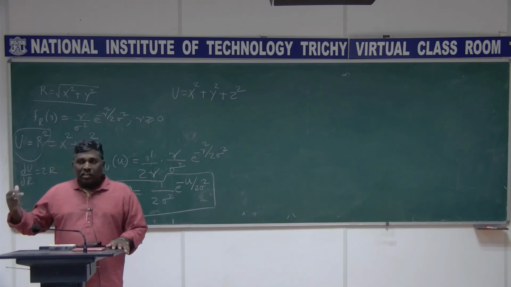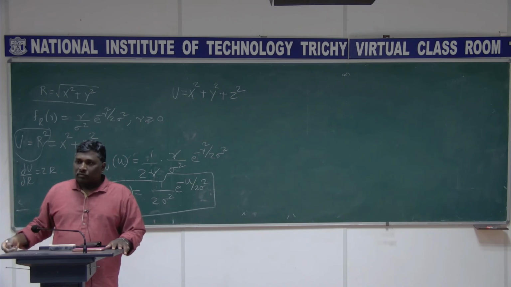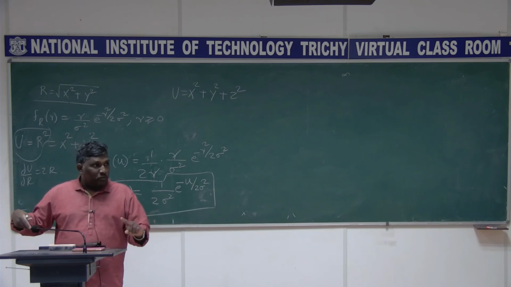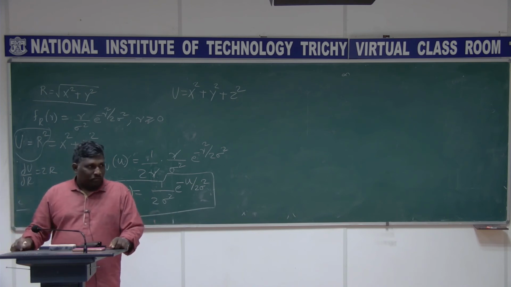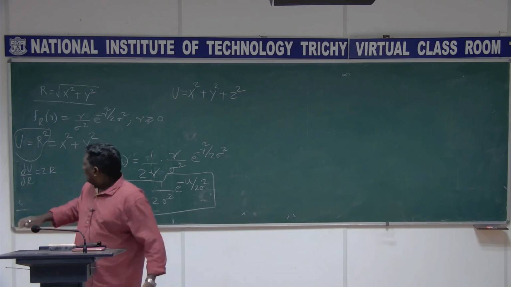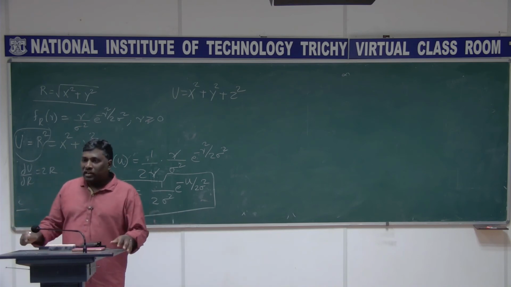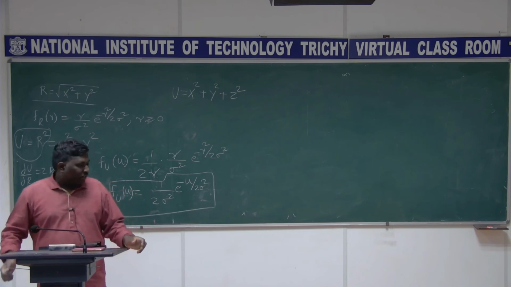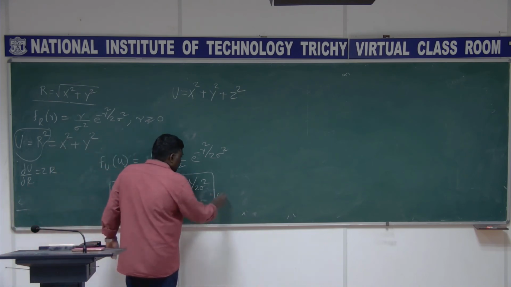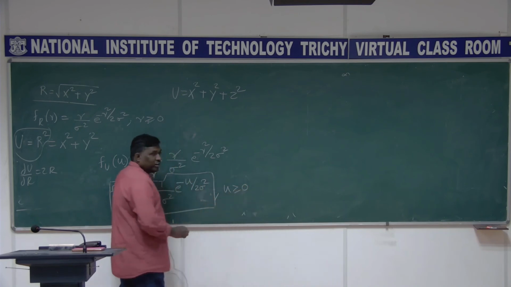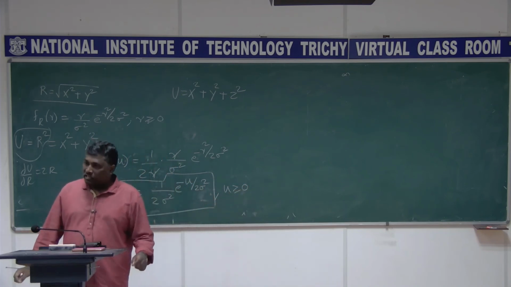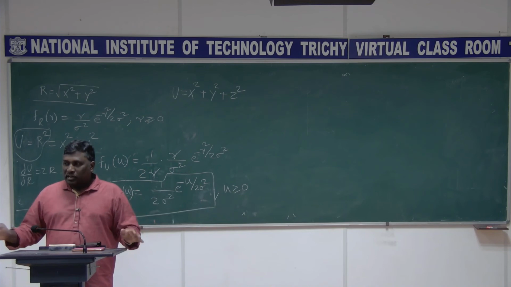Because it is equal to r square, which is x square plus y square, and x has the range minus infinity to plus infinity. That's fine, but the moment x square comes, it becomes 0 to infinity. So this u has the range only from 0 to infinity. Remember that, I am telling this seriously, because we need to write this expression with the range. Without that it is not completely described.